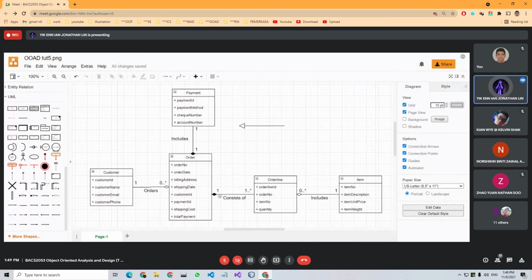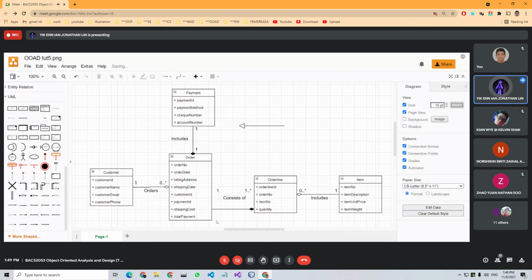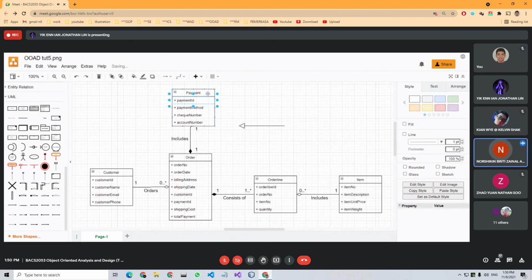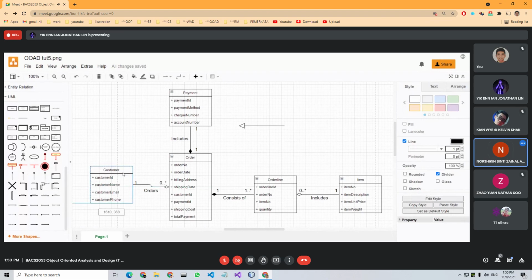Miss, does the arrowhead matter? If I put it the other way around, will it have the same meaning? No, it won't have the same meaning.